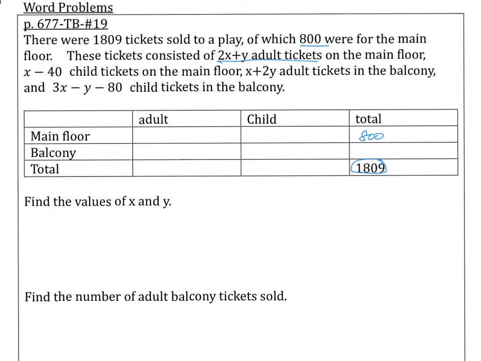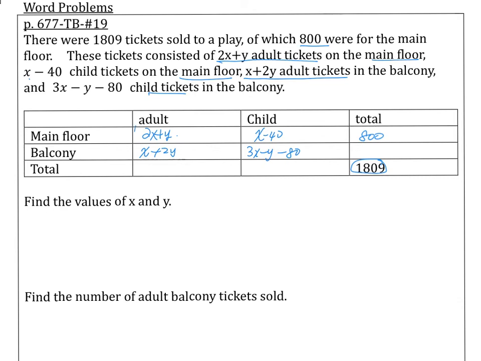So on the main floor, I will put 2x plus y here. And x minus 40 child tickets, also on the main floor. I'll put it here. And x plus 2y adult tickets in the balcony. And then 3x minus y minus 80 child tickets in the balcony.